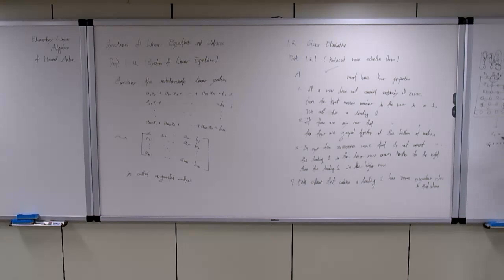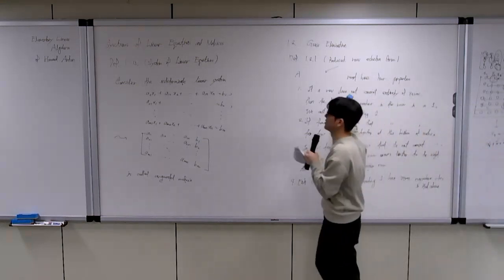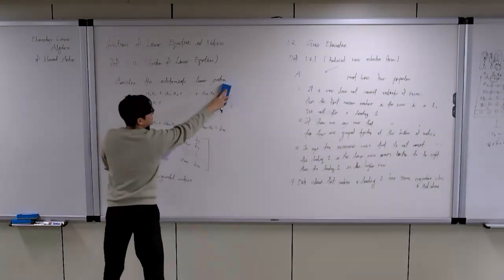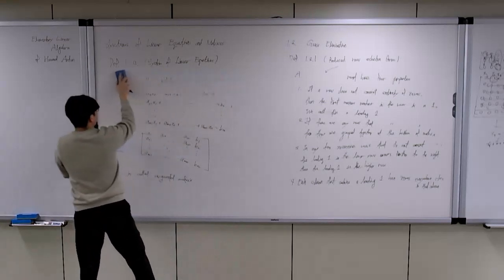Then by introducing parameters, we can get the solutions. We can construct the solution set more easily by using this form. So we define this reduced row echelon form.